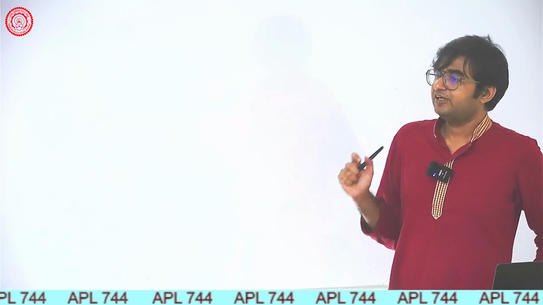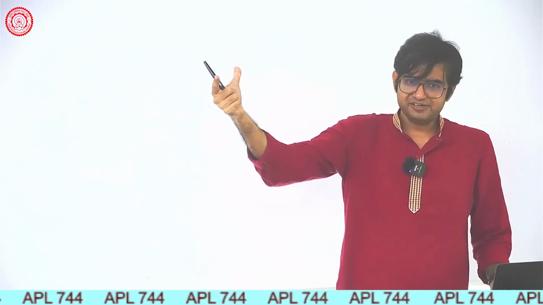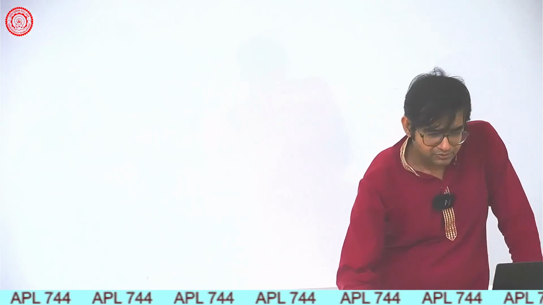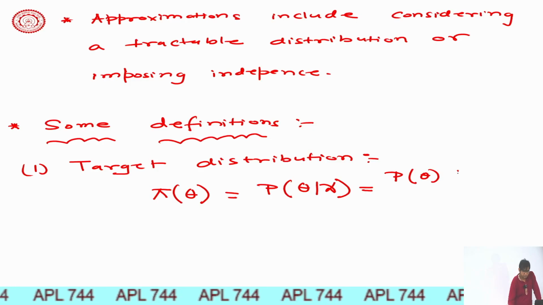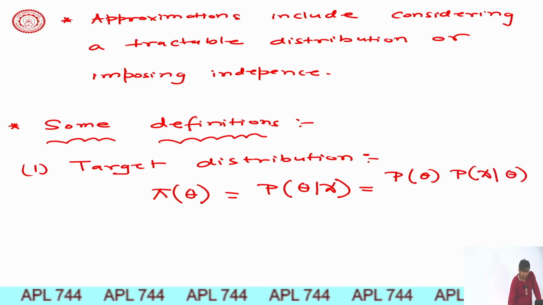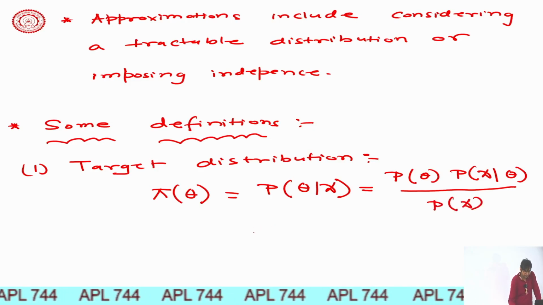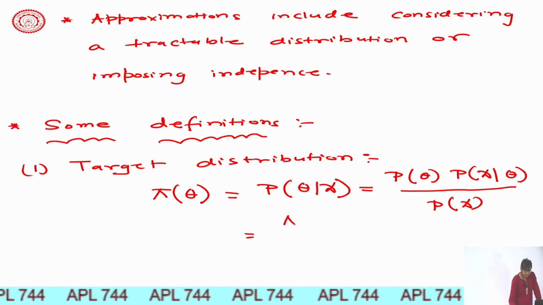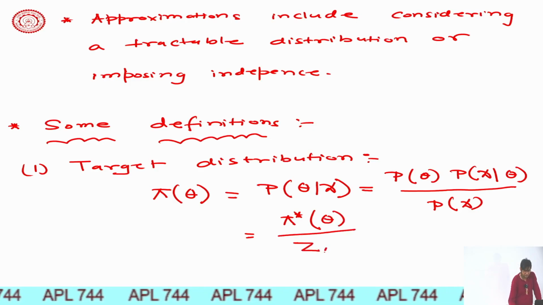Target means the distribution that I want to approximate. Okay, target means the distribution which is intractable and is needed, and I want to approximate it. Clear? Which is equal to probability of theta, probability of D given theta, divided by probability of D. We can write it as pi star theta divided by Z pi.